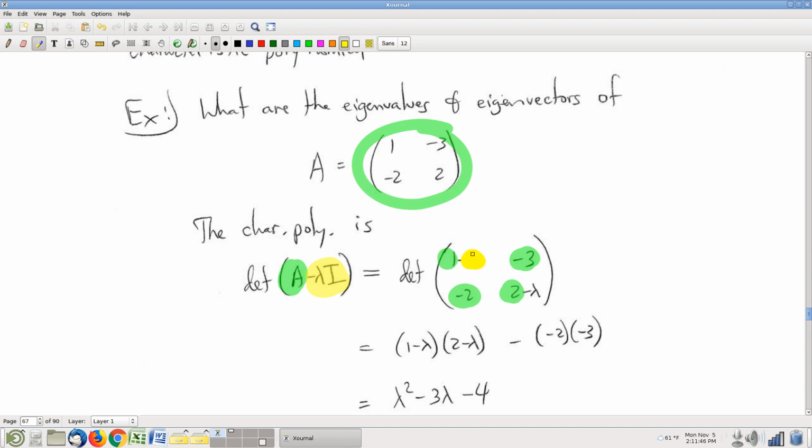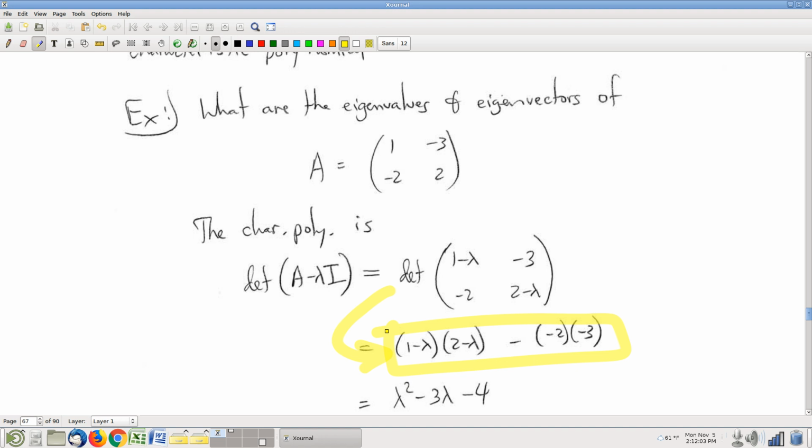So minus lambda I means just subtract lambda on the diagonal. Given a matrix A, it's really easy to write A minus lambda I. Just subtract lambda on the diagonal. Okay. Taking the determinant, multiply it out, collect terms, gives you this.